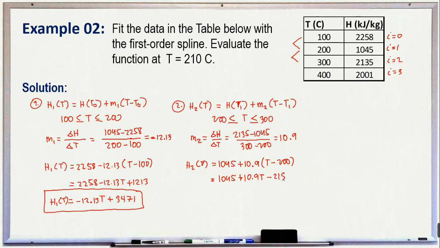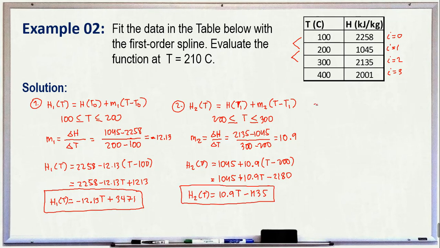Then simplifying, this is 10.9t minus 1135. And this is now our equation for our second linear spline function.